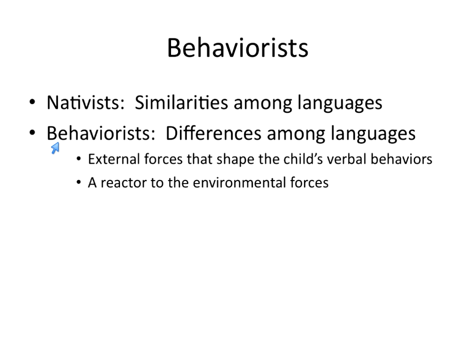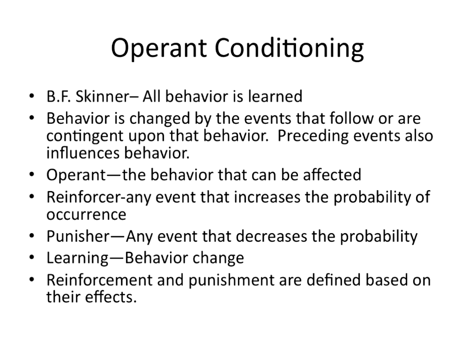And then by the time they're 3, they have a lot of adult-like speech characteristics. How does that happen? That is the question that the behaviorists and the nativists have come up with. That's what they're trying to answer.